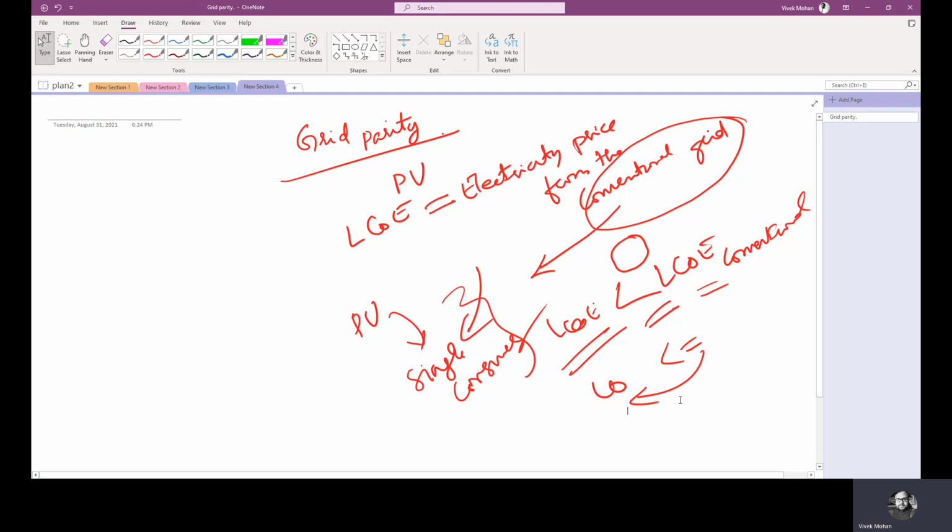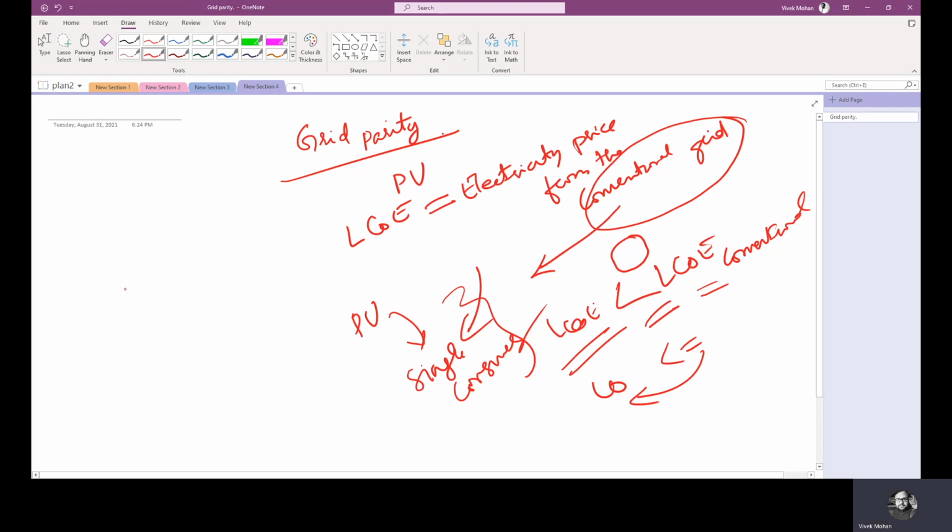But PV can be scaled down to the level of a single module. So even a house owner can become an electricity producer. So basically, he is the consumer who installed the rooftop solar PV panel. He is competing with the grid power provider, right, with respect to price. So he can compete with the grid service provider or supplier, the power supplier.